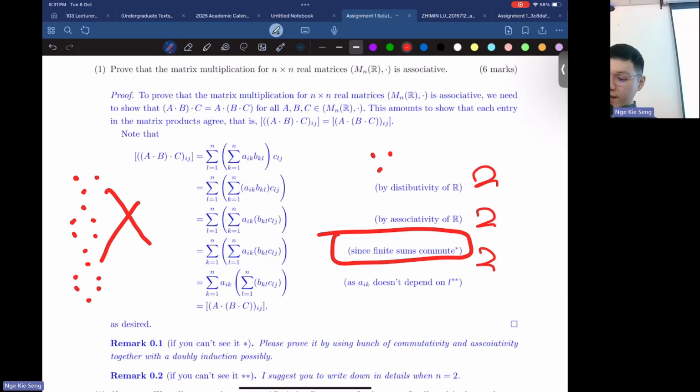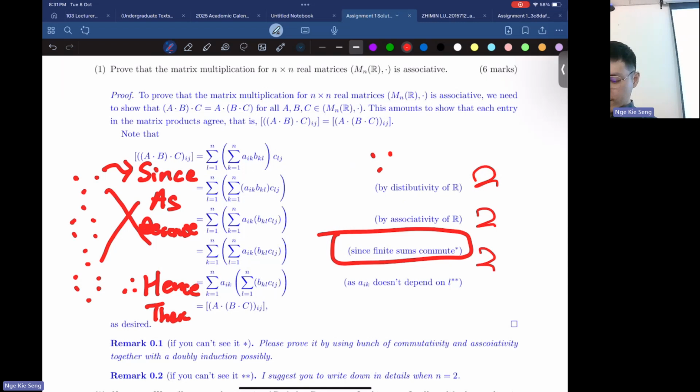Please replace it with, for example, since, as, because, and then hence for the answer, therefore, thus. Also can. Quite a lot to use.